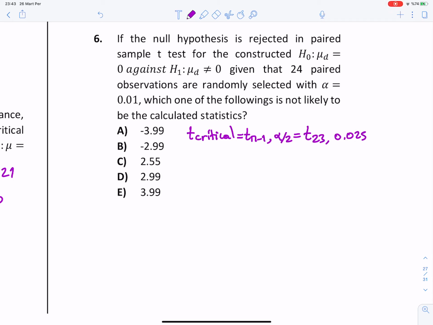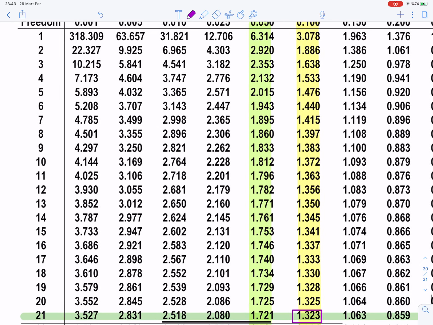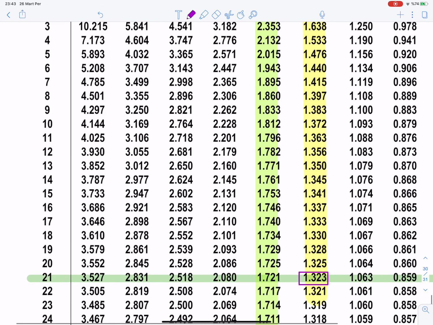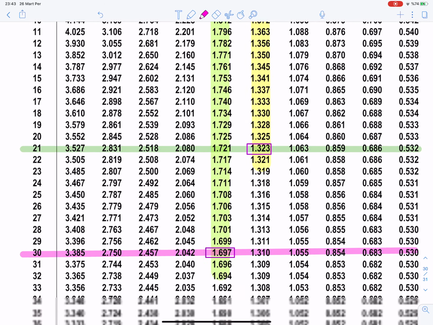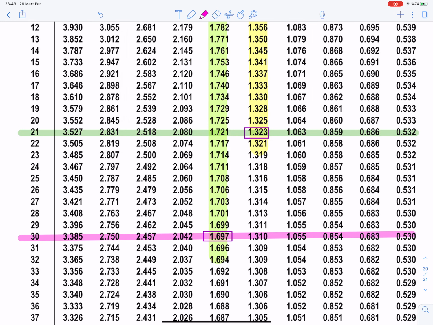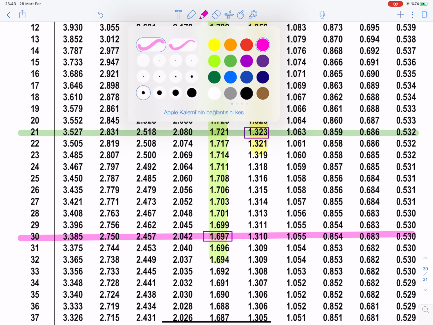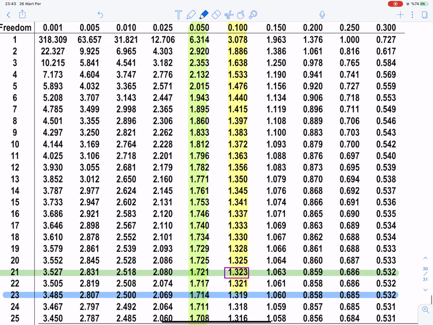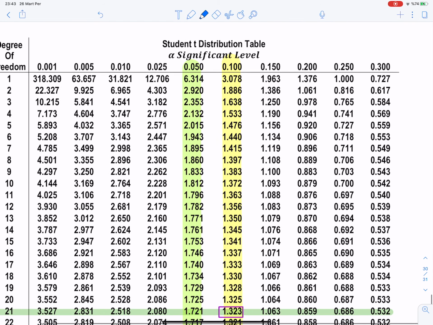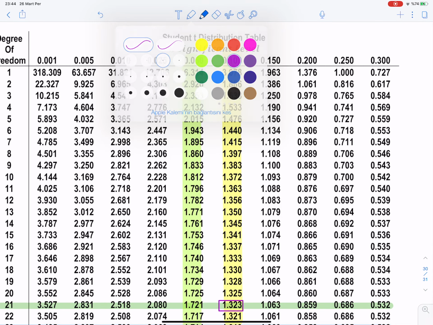Okay, the t distribution table, and I'm dealing with 23. Okay, 23 right here. Let's pick a different color, blue. I'm dealing with this row. And the column is going to be 0.025.